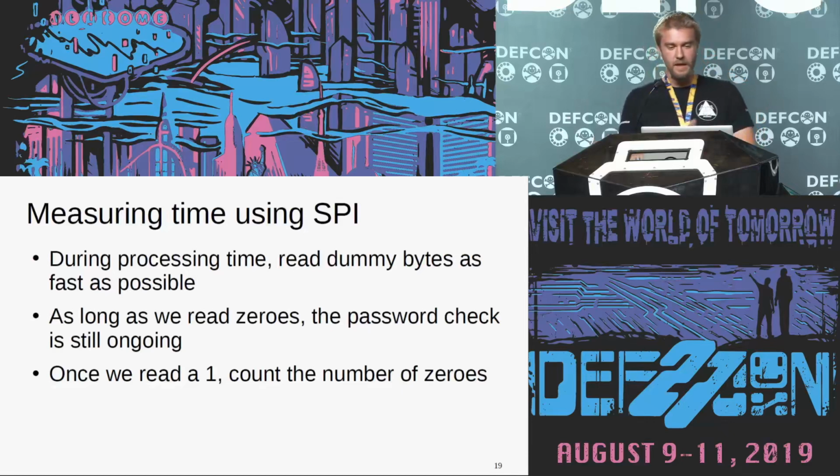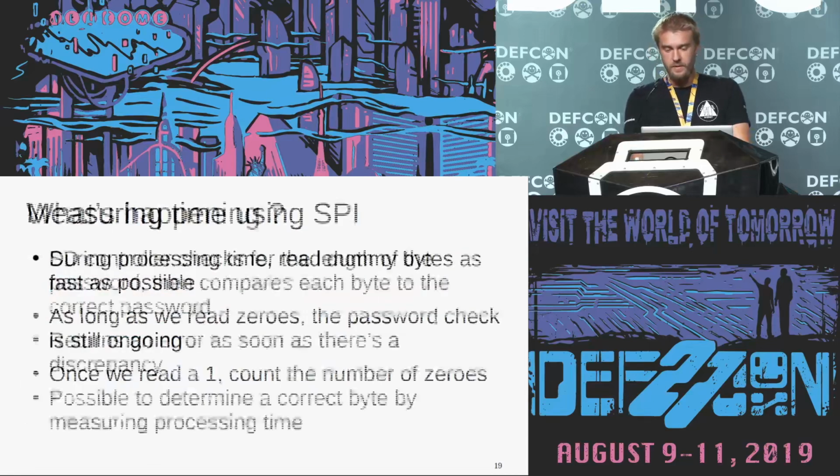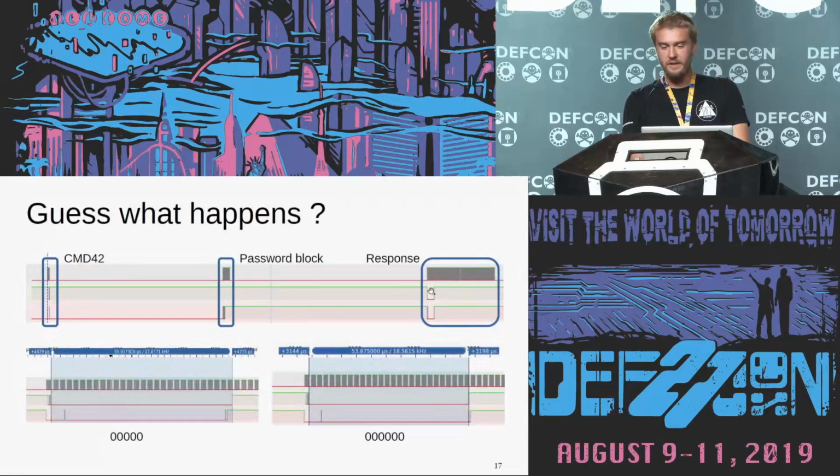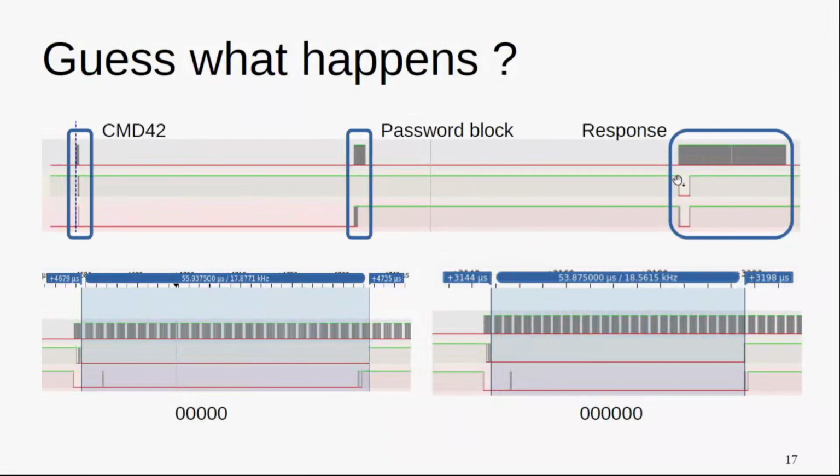Sorry. Having all those schematics and taking all those measurements by hand is not really easy to do. So since this information, the fact that the data line is at 0, what I can do is basically use my SPI interface and try to read as many bits as I can.